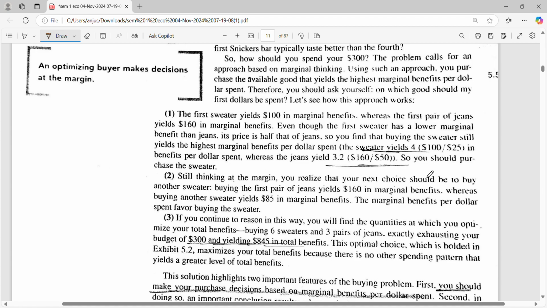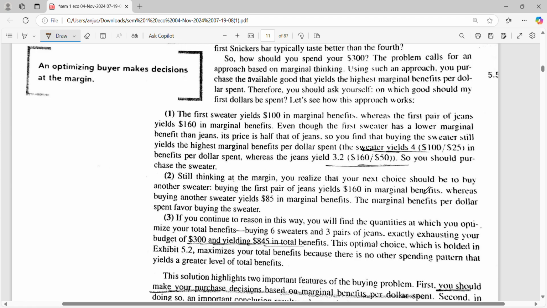After going with the jeans and sweaters, you're still thinking at the margin. So you realize that the next choice should be to buy another sweater. Buying the first pair of jeans yields $160 in marginal benefit, whereas buying another sweater yields $85 in marginal benefits.